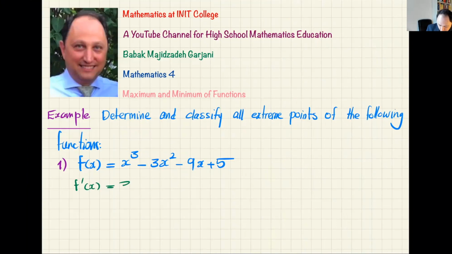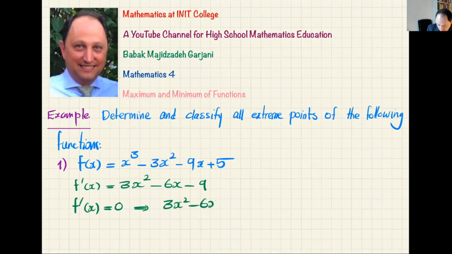It becomes 3x squared minus 6x minus 9. I equate it to 0. So this tells me that 3x squared minus 6x minus 9 is equal to 0. Of course, you can start solving it immediately, but I see that all of them are divisible by 3. So I divide by 3 to make it simpler for myself.